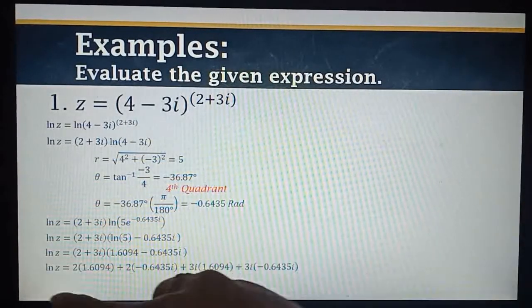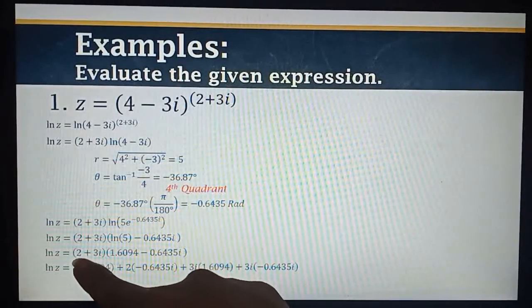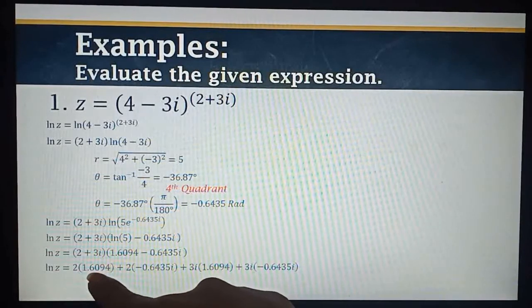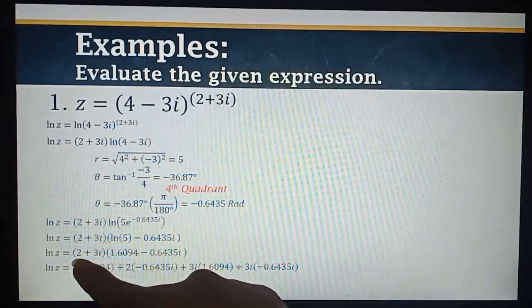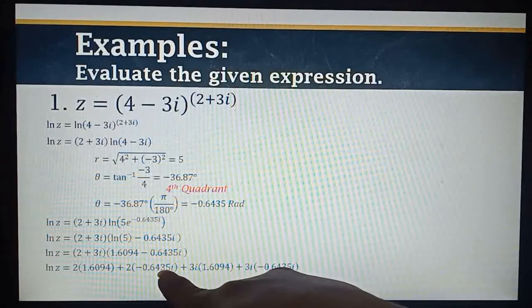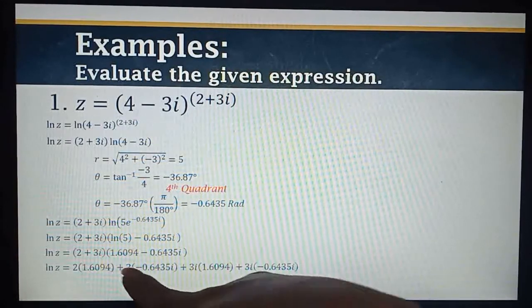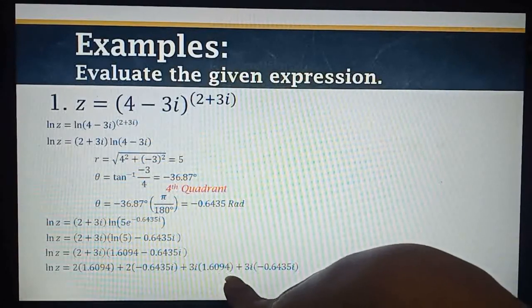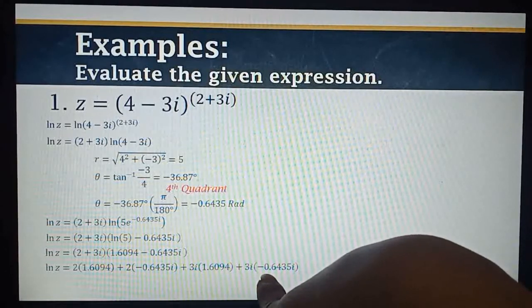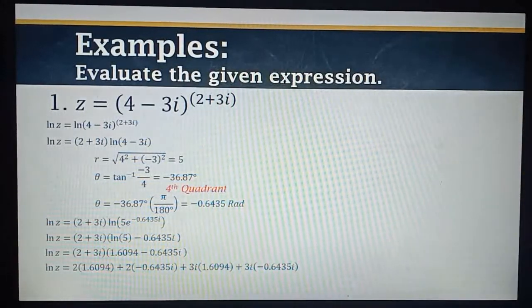1.6094. So when we multiply them, you will now have 2 multiplied by 1.6094 plus 2 multiplied by negative 0.6435i plus 3i multiplied by 1.6094 plus 3i multiplied by negative 0.6435i.